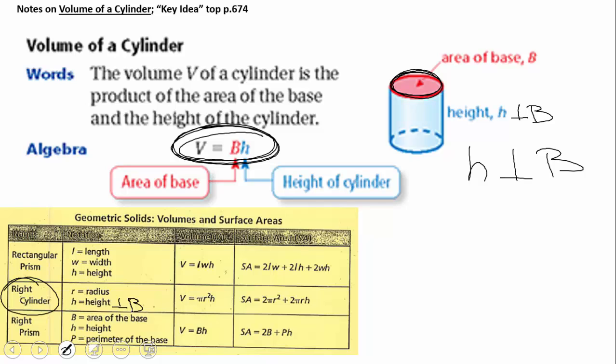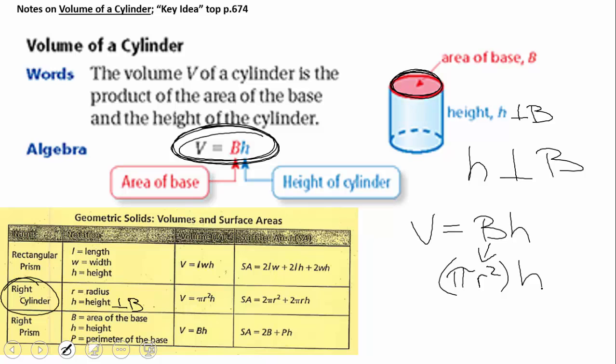All right? So you look at the formula they gave you. They said pi times the radius squared times the height. Well, hello. What is the formula for area of a circle? That's right. It's pi times the radius squared. So when you write volume equals area of the base times the height, you say, hey, I have a circle, so that's pi times the radius squared times the height.